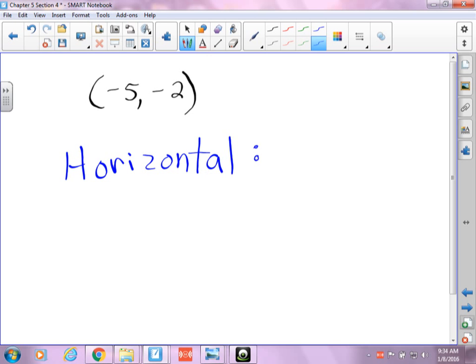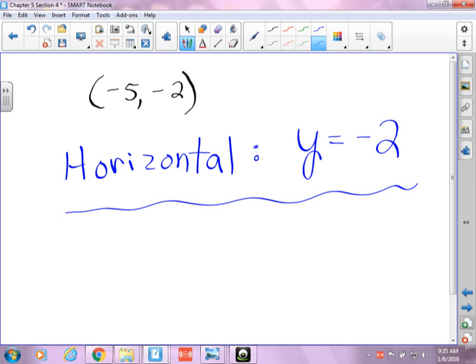Okay, is horizontal an x equals or y equals? Okay, well let's talk about it. Horizontal, does it go up and down or does it go side to side? Horizontal goes side to side. So what axis does it cut? It cuts the y-axis. So it's going to be a y equals, and then grab the y value. What is it? -2, and you're done.